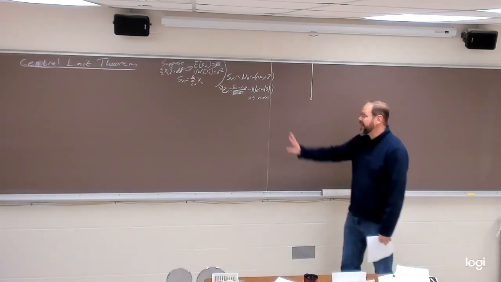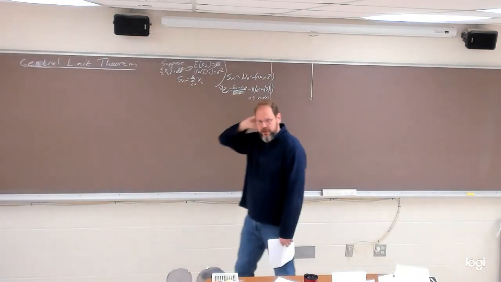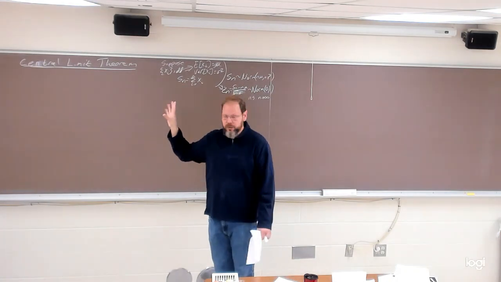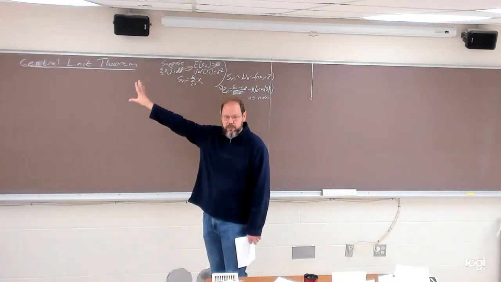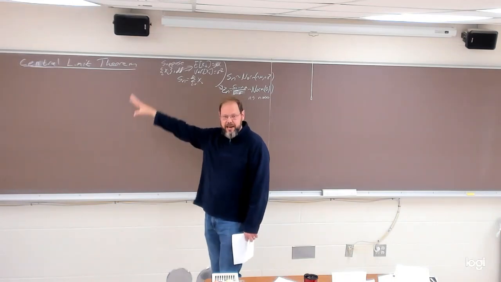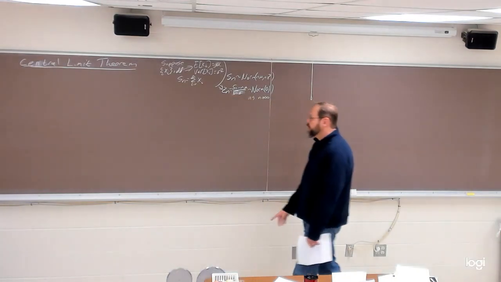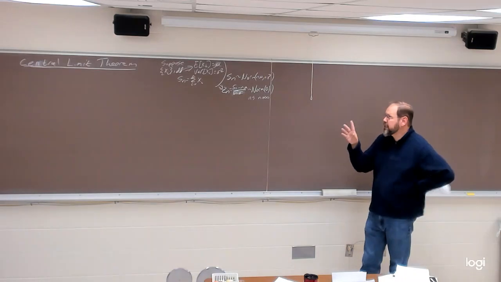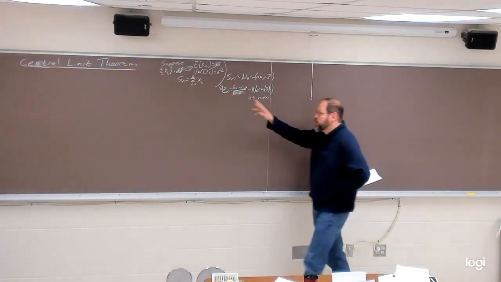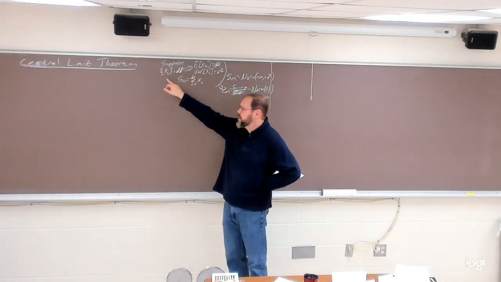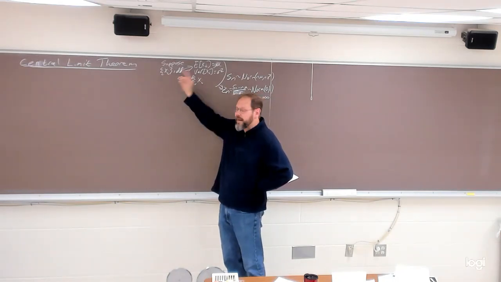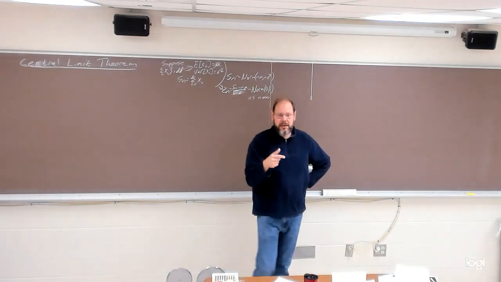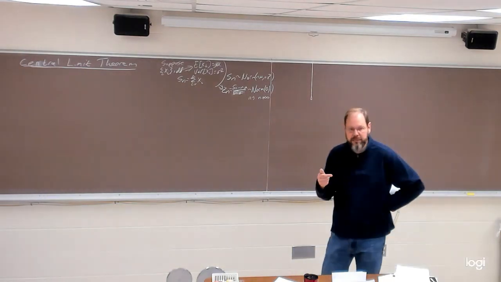So let me just lay out essentially what the central limit theorem says now, and then we'll go ahead and state it more specifically and prove it. So what the central limit theorem says is, let's just suppose that I have this set of random variables, X_i's, that are independent and identically distributed.